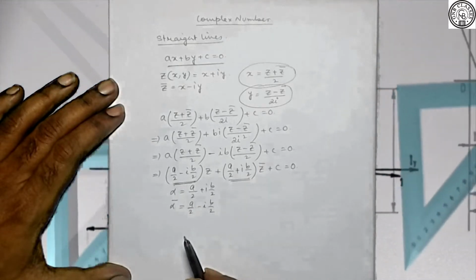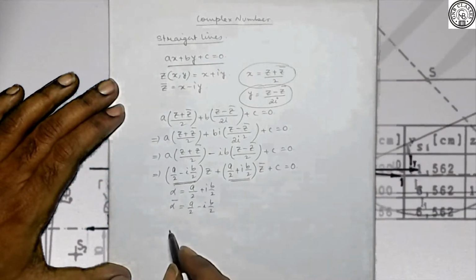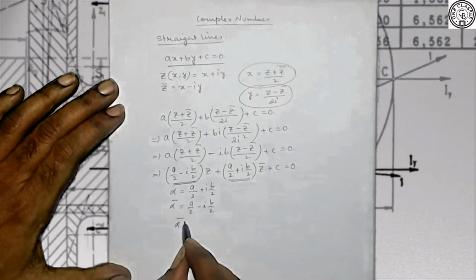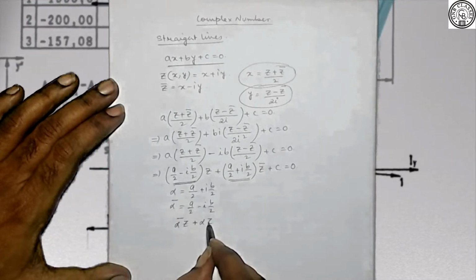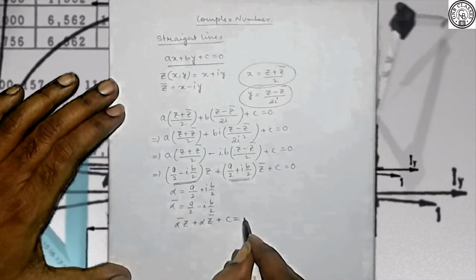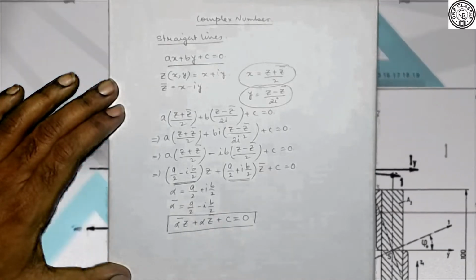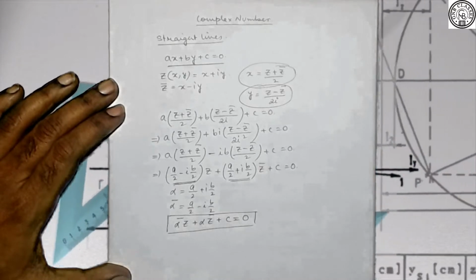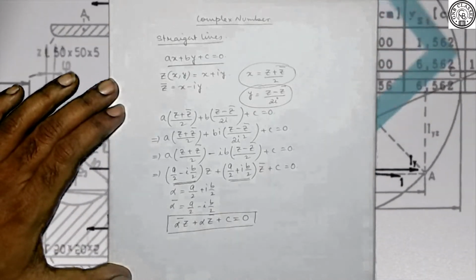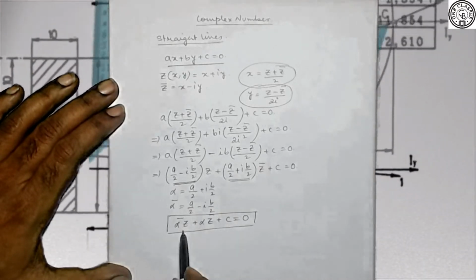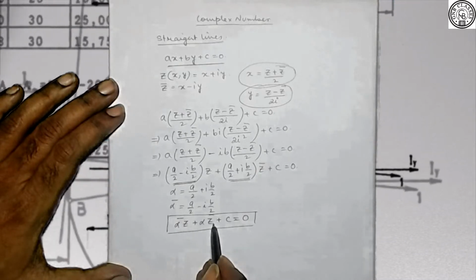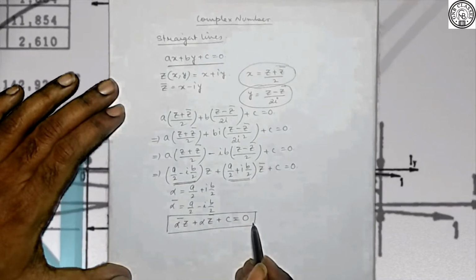Therefore, the equation of the straight line on the complex plane becomes, is it fine with all of you? This is what is termed as the general equation of a straight line on a complex plane, that is alpha bar z + alpha z bar + c = 0.